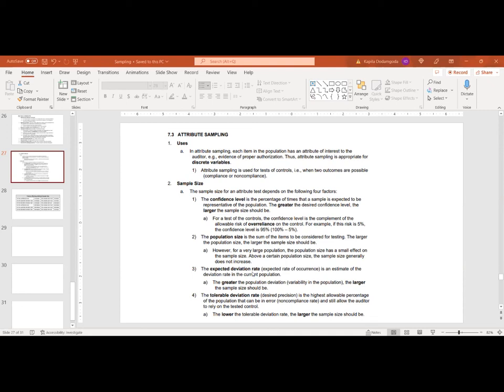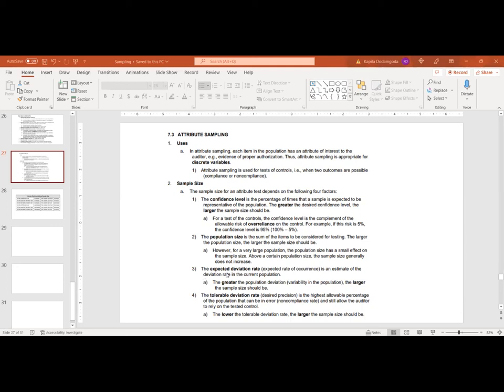But if the non-compliance rate is smaller, then you can pick a small sample. So if it is a more problematic scenario, the non-compliance levels are higher, then you need to have a large sample. But if the non-compliance levels are lower, you can pick a small sample. So that is what we mean by the expected deviation rate.